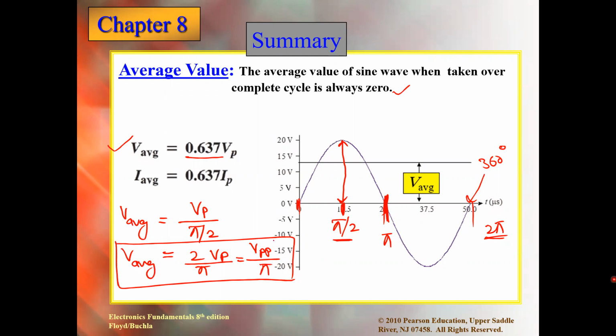Either we can express it in peak to peak, or we can say twice VP over pi. So this is called the average. Now this is for the voltage. Similarly, this is for the current. Voltage will be replaced by the current. So what we learned, we discussed here VRMS, IRMS, VP, VPP, V average, and like that up to here.